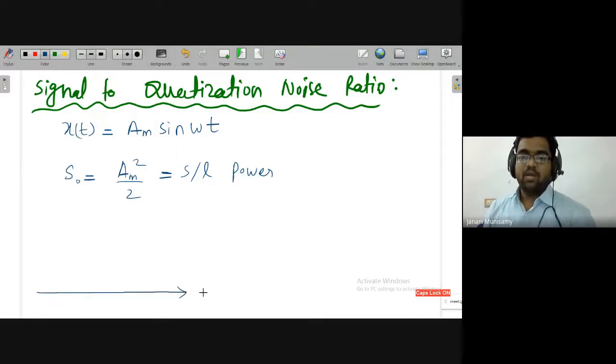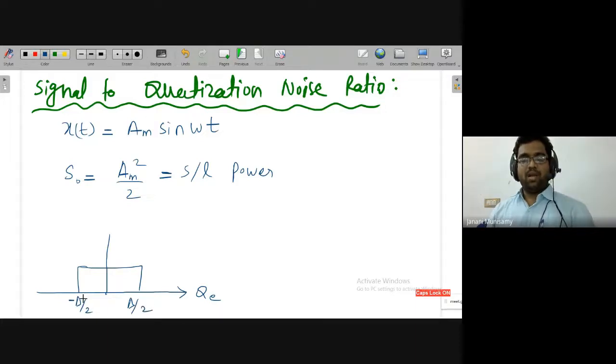Say the quantization error can vary from minus del by 2 to plus del by 2. Already we have identified this. What is the minimum quantization error? Minus del by 2, that is, magnitude wise del by 2. The range is from minus del by 2 to plus del by 2. That will have uniform distribution.